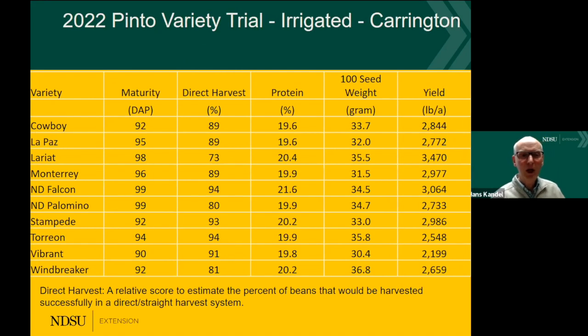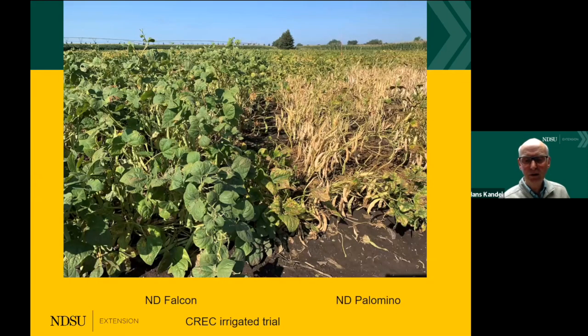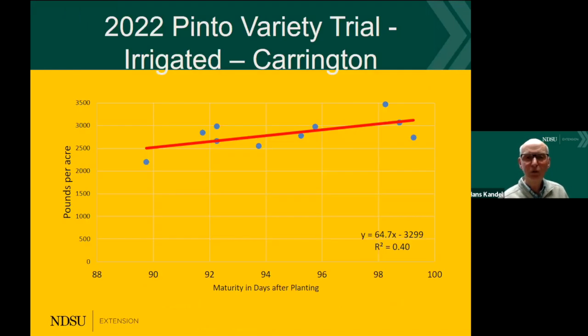So now I'm going to go back to the same table, but I'm going to look a little bit at maturity. So you see the days to maturity in that column. And here's a picture of Andy Falcon and the Palomino, and you can see the Falcon is still green. So my question is, what is the relationship between the days of maturity and the yield? So here I have on the bottom the days to maturity after planting and the yield.